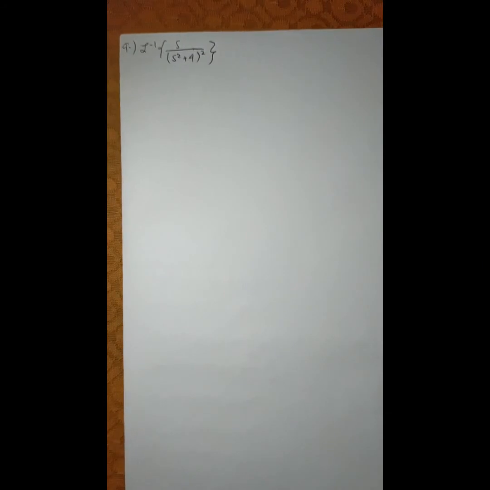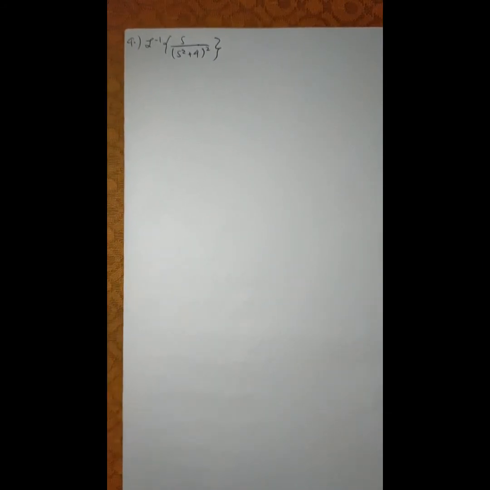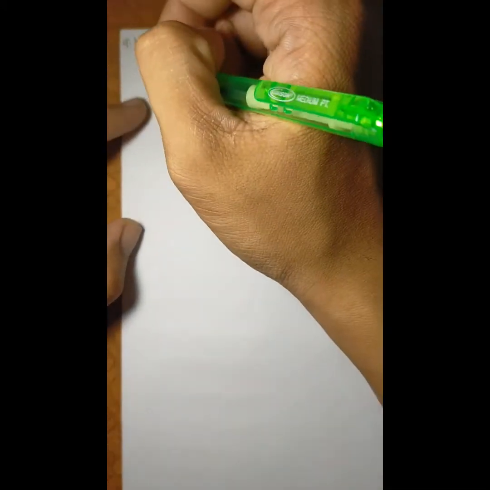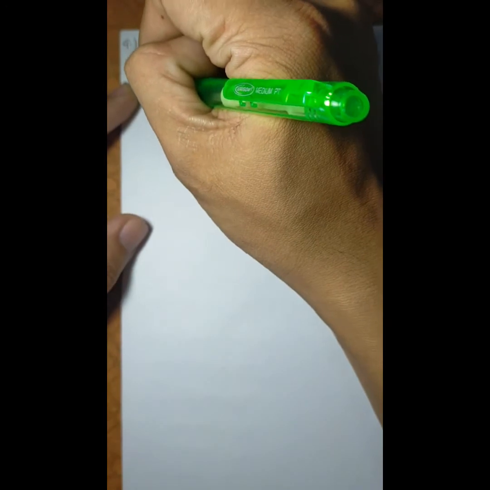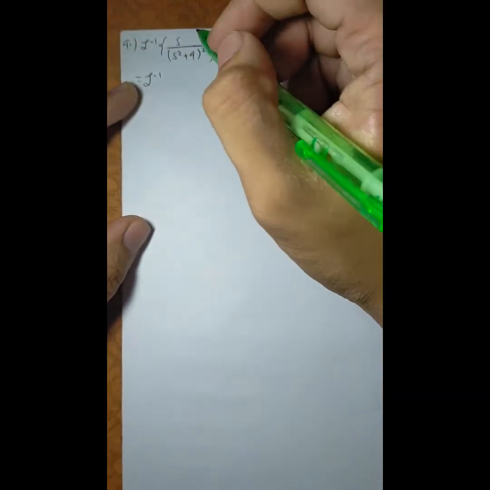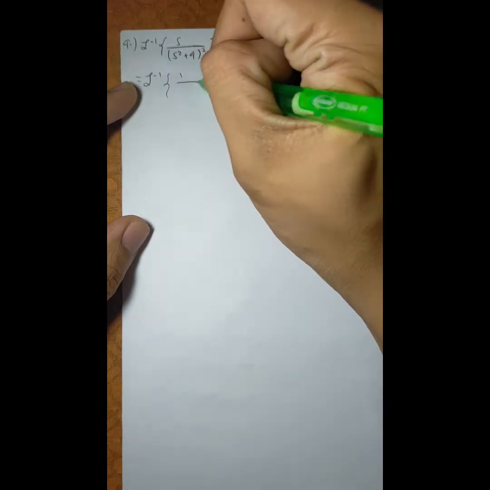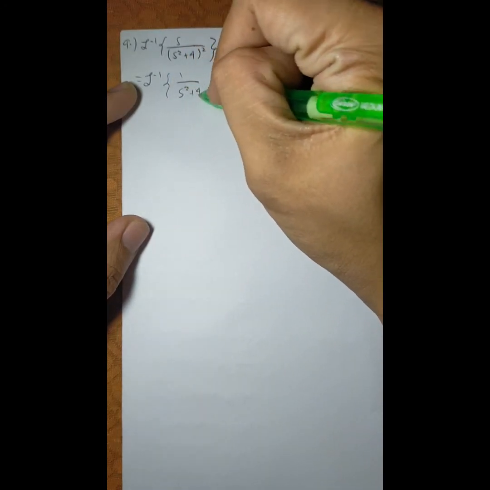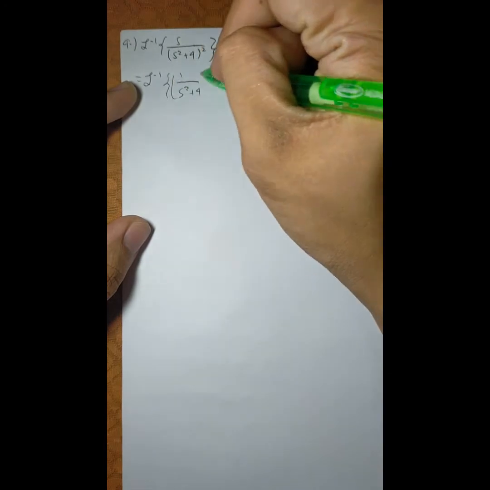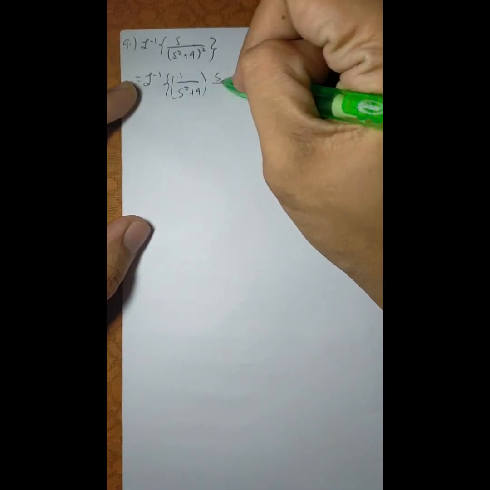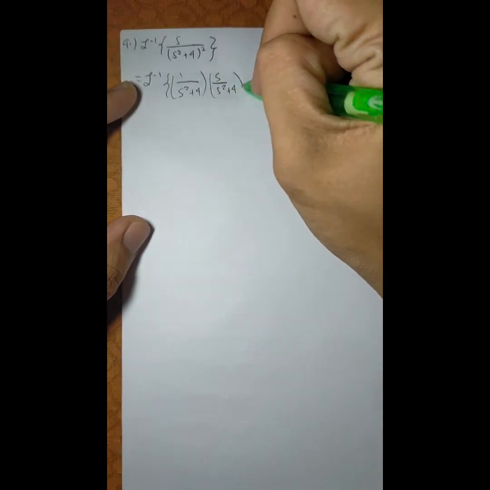For our last problem, number 9, we have inverse Laplace of (s over s squared plus 4) all raised to 2. So we can write this as inverse Laplace of 1 over s squared plus 4 times s over s squared plus 4.